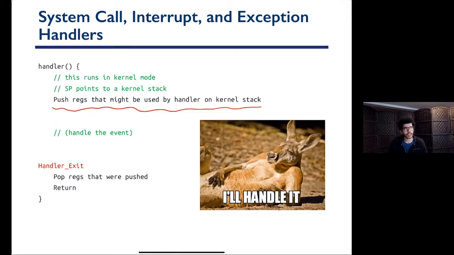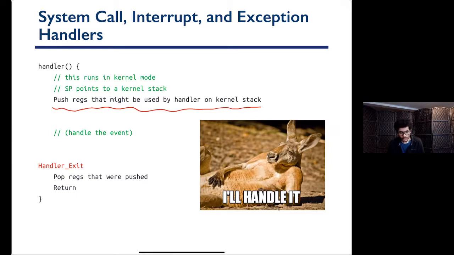The reason for this is that in your interrupt handler, you're going to use some registers to handle the interrupt. You might want to do some computation, and you might need some of those registers.